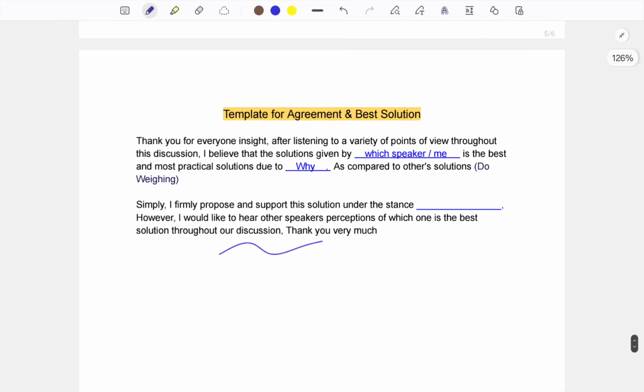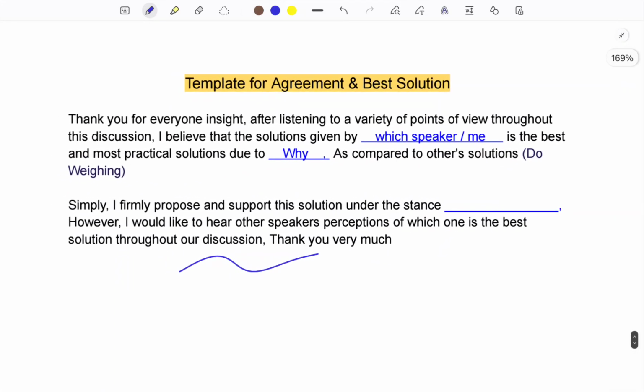And whoever is going to decide the best solution, please consider everyone's points of view. Don't just take your solution. But if your solution is the best, then that's fine. But if you may, please consider everyone's solutions, and if you find that another member's solution is the best, then maybe you should pick their solution. Okay?